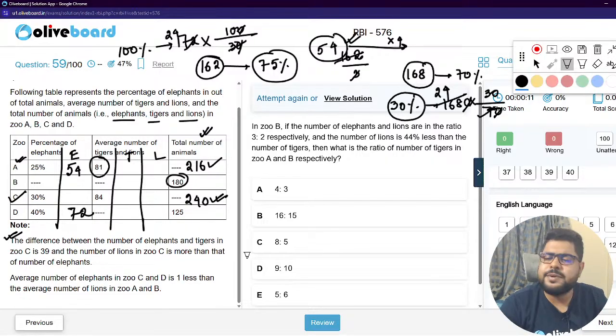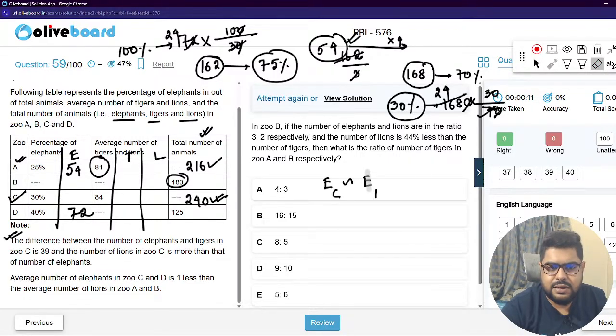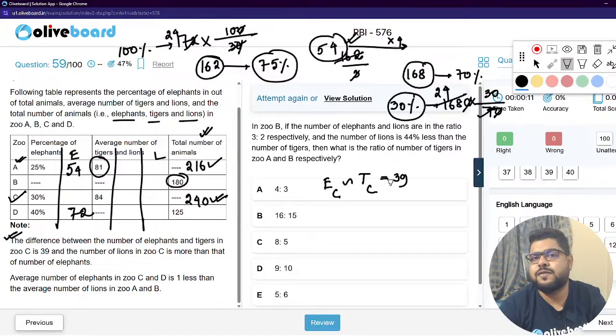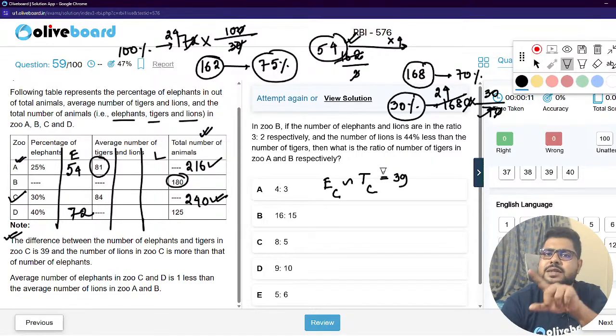The difference between the number of elephants and tigers in zoo C is 39. I have taken the sign of difference because I don't know which one is greater and which one is smaller.